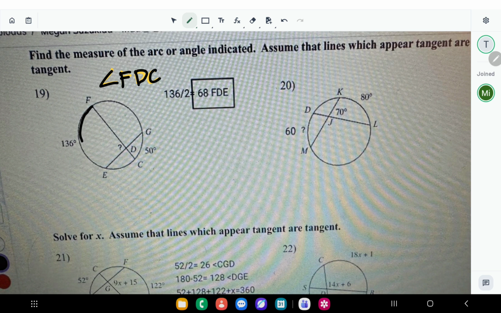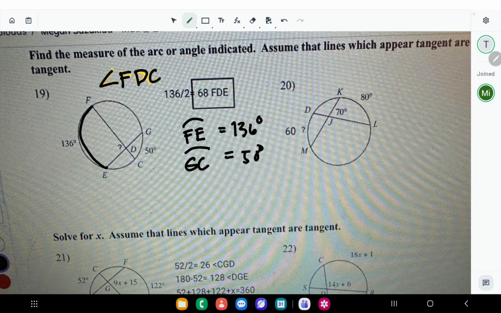So how do we find that? We're given arc FE, which is 136 degrees, and arc GC, which is equal to 50 degrees. When two chords intersect inside a circle, the measure of the angle formed is half the sum of the measure of the intercepted arcs.